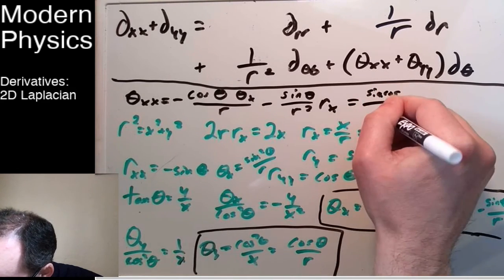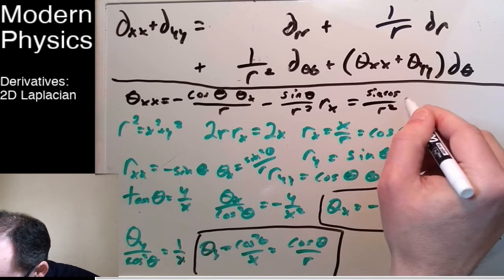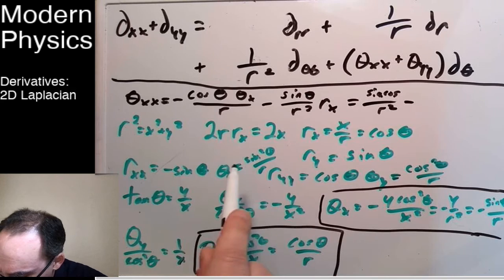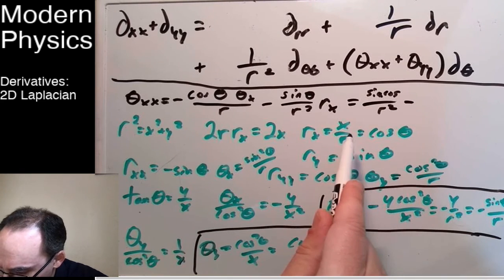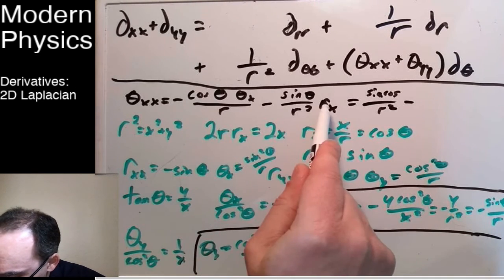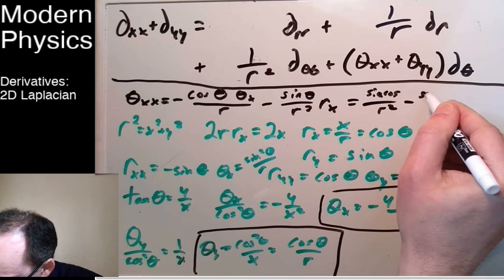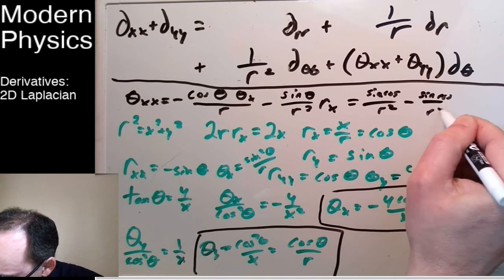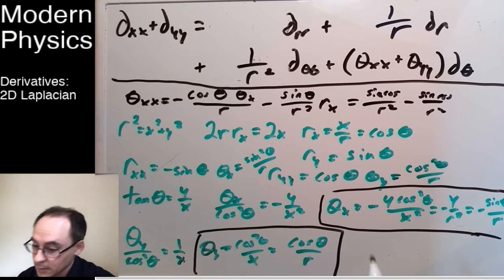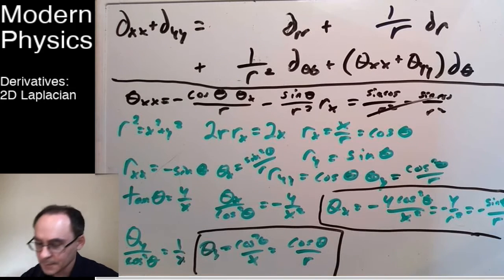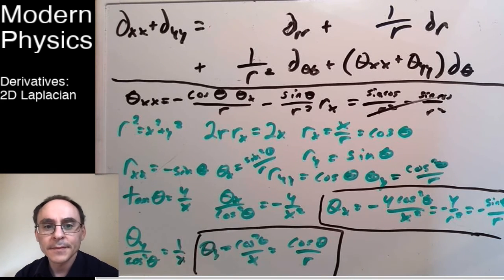I didn't write the thetas. You can figure out what I meant. And then I have rx, remember, was just cosine theta. So I have minus sine theta cosine theta over r squared. Minus sine cosine over r squared. Look at that. It's 0. Those two terms cancel.